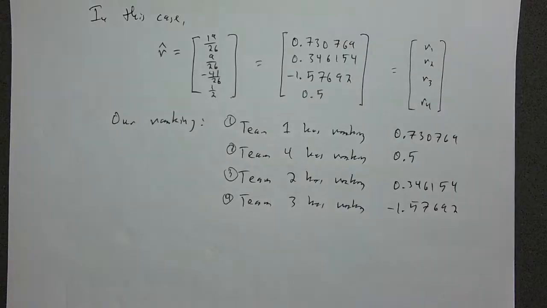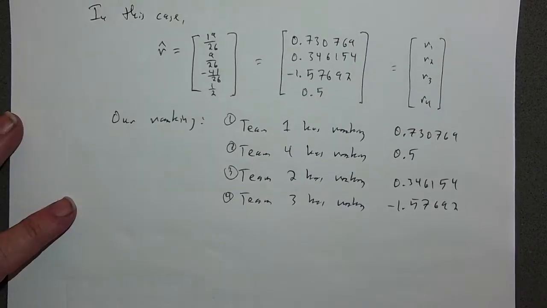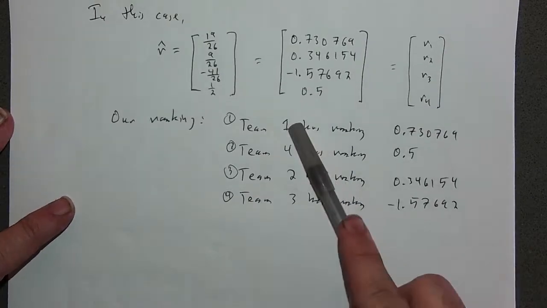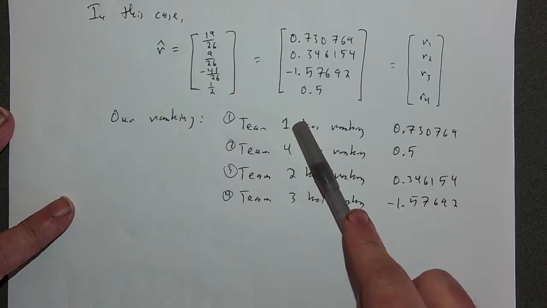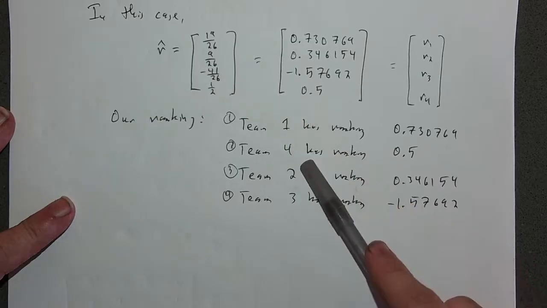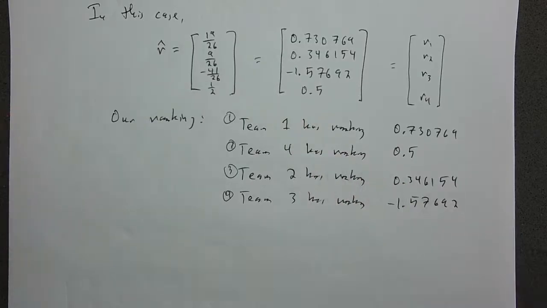So the question is, does this make sense? But Team 1 had a 2 and 1 record. Team 4 also had a 2 and 1 record. The 2 wins, though, that Team 1 had were against Team 2, which had 2 other good wins, even though they had 2 losses. Team 3 had no wins.